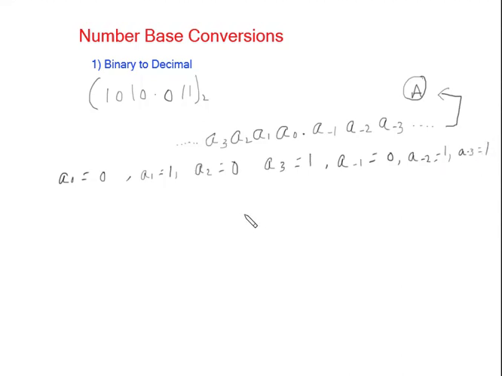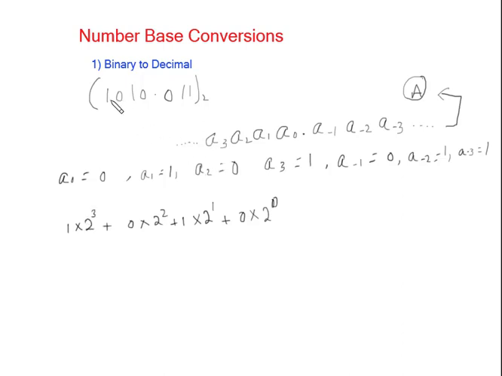Starting from here, so 0 into 2 raised to power 0, that's for this one, and this element will be, as it has a coefficient of 1, into 2 raised to power 1. This is 0. For this one, its coefficient is 0, 2 raised to power 2, plus for this its coefficient is 1, and for this base its power will be 3.